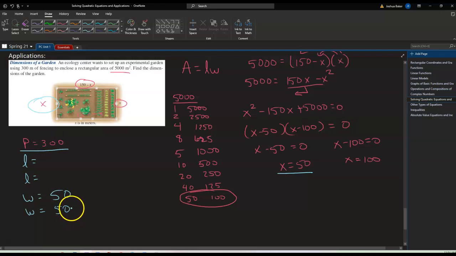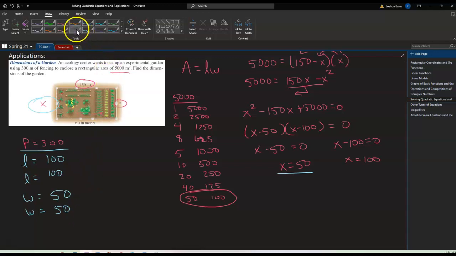Okay, so 50 what? 50 meters here. So I have a total of 300 meters of fencing, and I've used up 100 of it, which means that I have 200 left over. Well, if I've got 200 left over, that means that there's 100 meters left for each length.